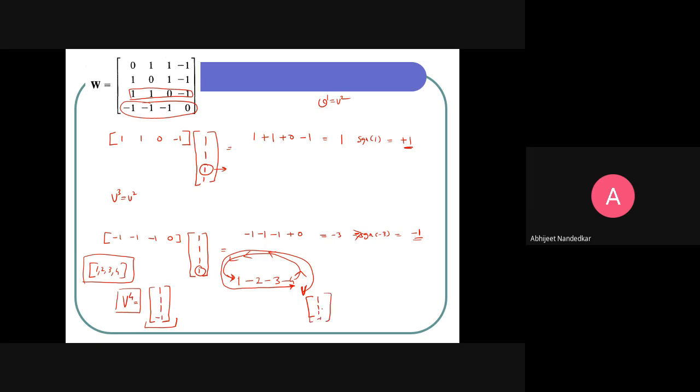I start with this and then I go to bit number 1, neuron number 1, allow its value to change, then it has not changed this vector V, then I go to second, third, fourth, all of them have not changed their values. Then V5, if it is equal to V4, then stop. Okay, so that means you have reached the minima or the pattern which is stored in that network.